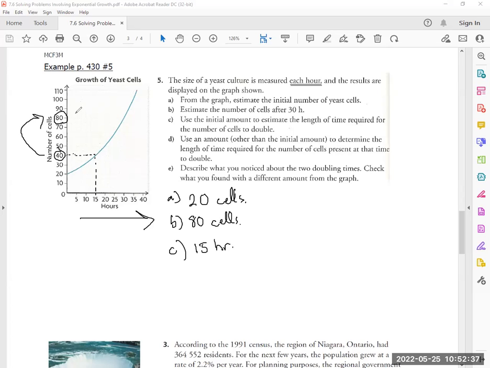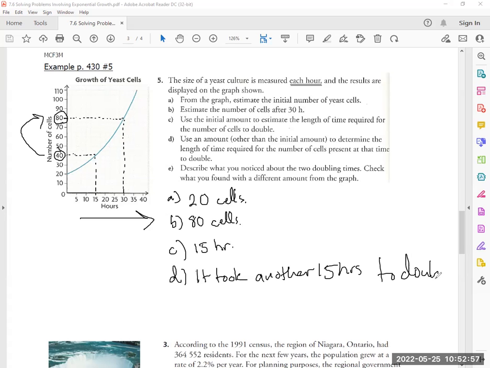Look at the graph. Yep. Another 15. Oh, is that a coincidence? Maybe. Okay. It took another 15 hours to double. Describe what you noticed about the two doubling times.